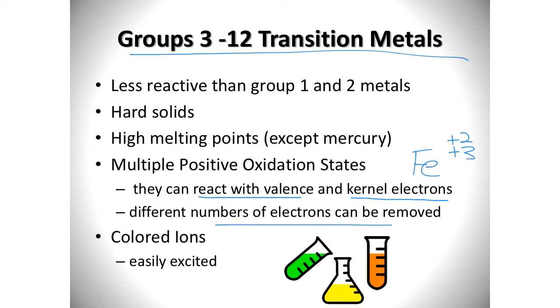So since they can lose a different number of electrons, they end up with the different positive oxidation states. And we'll have to revisit that when we do naming in our next unit. And then they also make colored ions because they are easily excitable. So when a solution has color to it, because most of our solutions are clear, then usually it contains a transition metal.